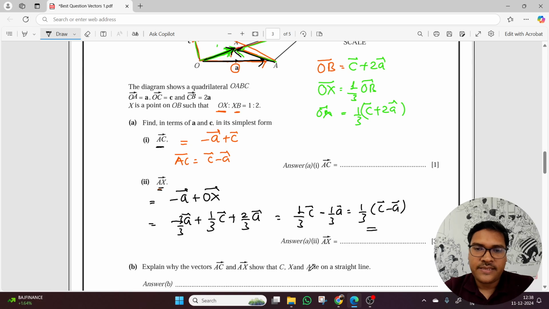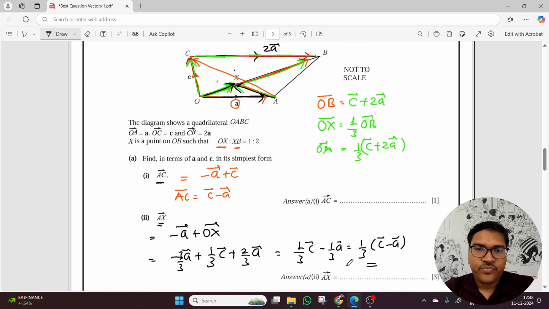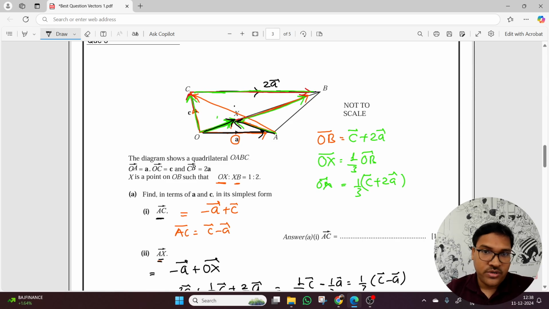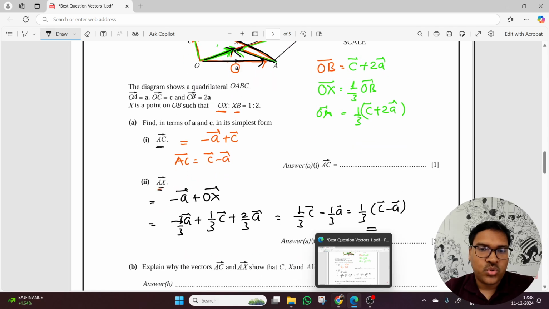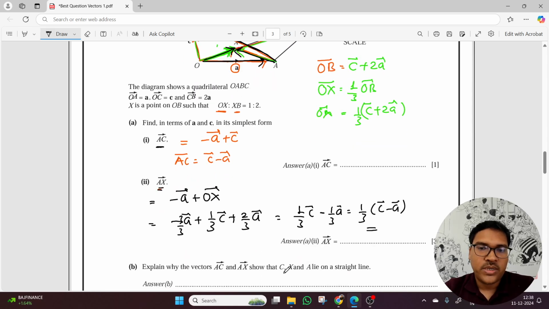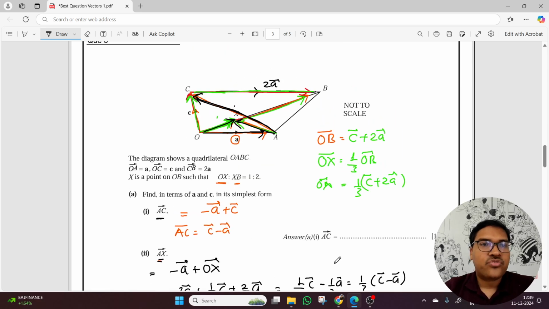We have drawn a diagram here in which I have drawn something like this, because earlier we did not know whether these points A, X, C are on the same line. But now the question asks how will you show that C, X, A lie on a straight line?